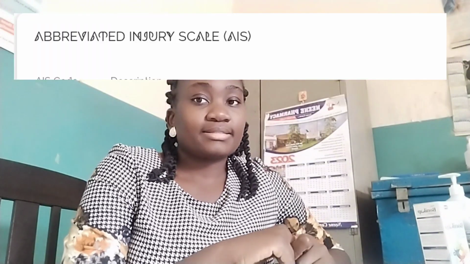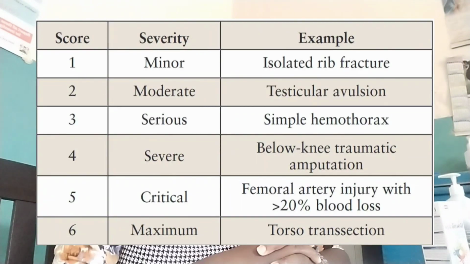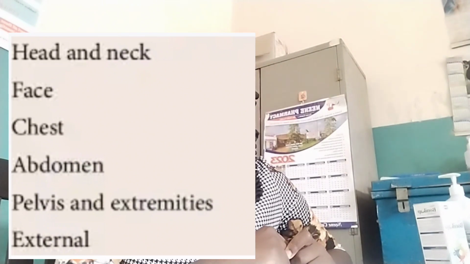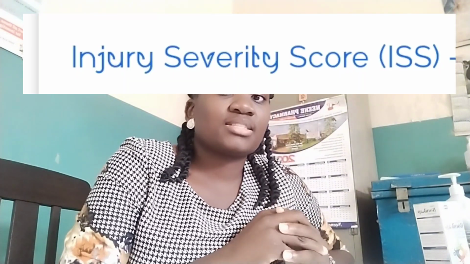For AIS, the abbreviated injury score, it is a score that ranges from 1 to 6, with 1 being normal and 6 being severe. And it involves 6 body systems, that is face, abdomen, head, thorax, pelvic, and external structures. According to this score, there is another one that was developed called the Injury Severity Score, ISS.